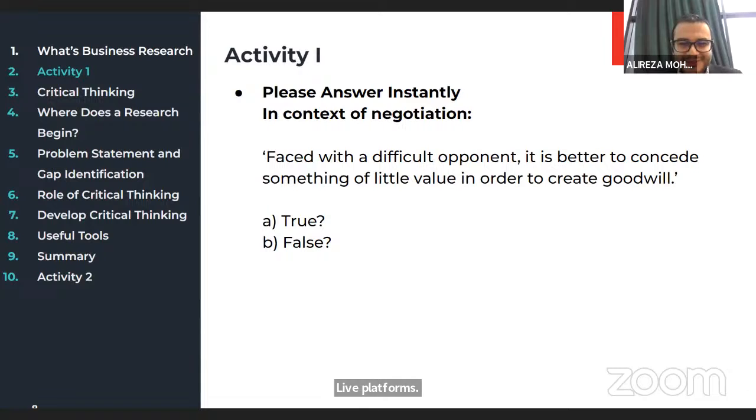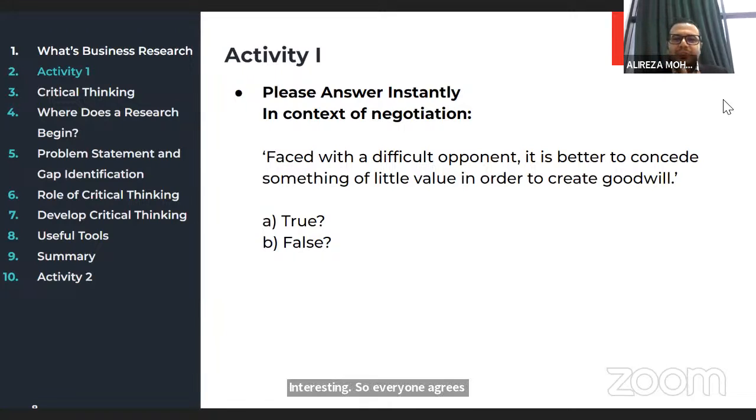Novita, you can answer too. True, huh? True. Okay. Anyone here who says this is false? Interesting. So everyone agrees it's true.